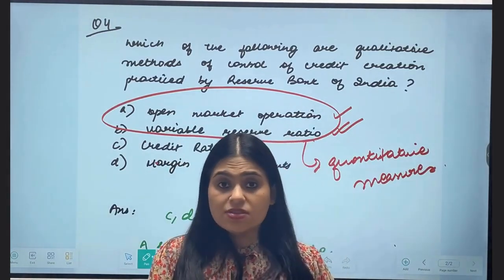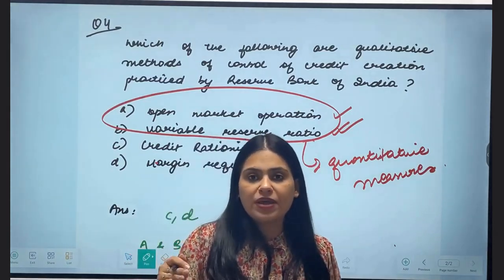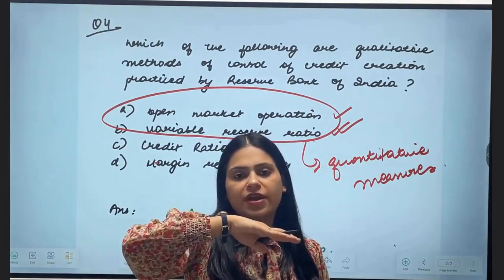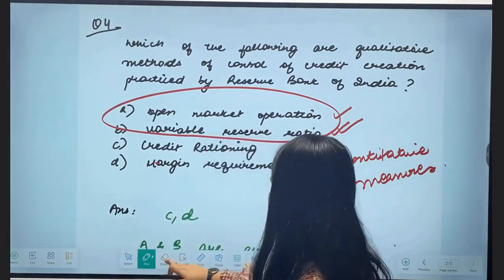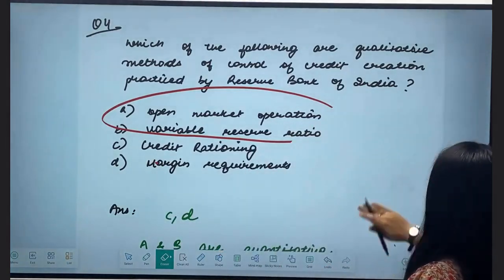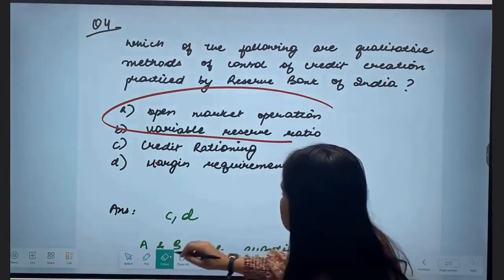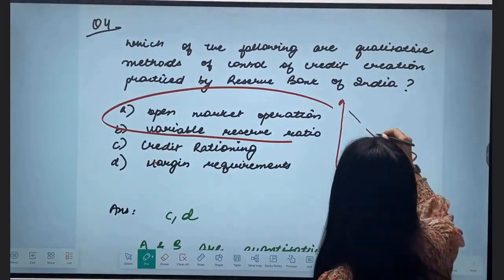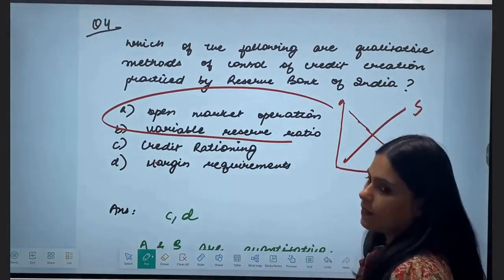When you fix the amount of credit, you put a seal on it, you put a ceiling that you cannot give credit more than this. For example beta, something like this. So let's say this is the market of loanable funds. This is demand, this is supply.